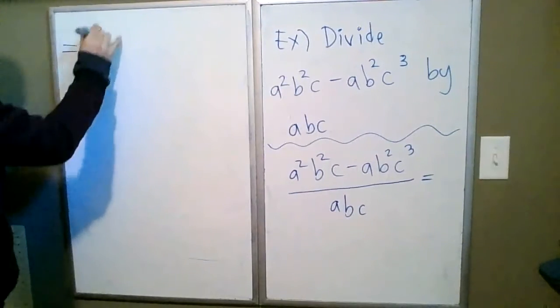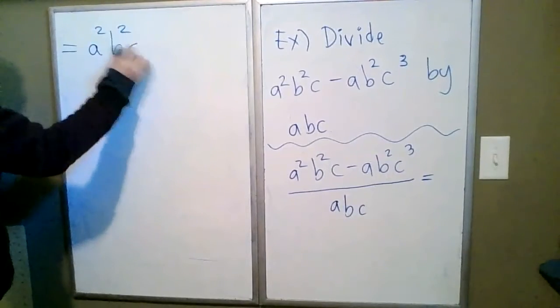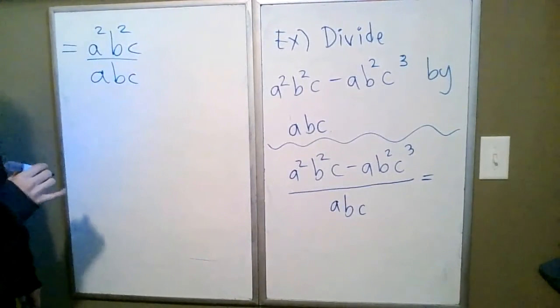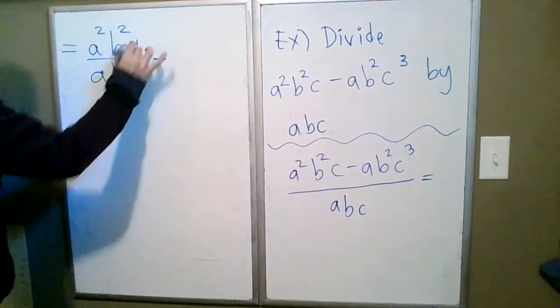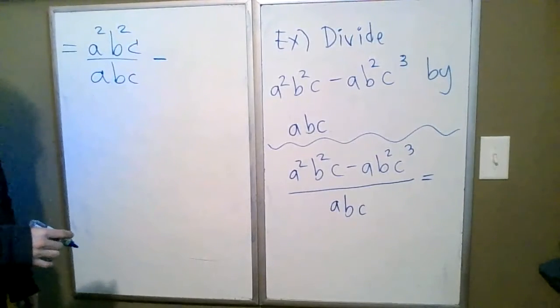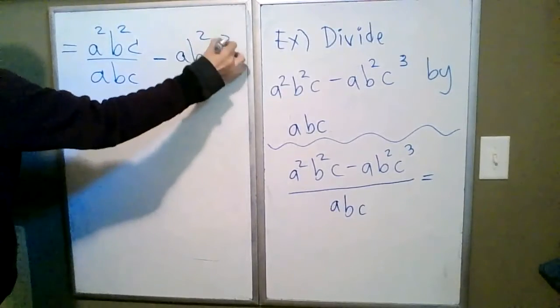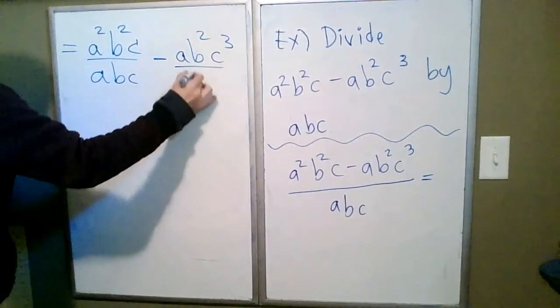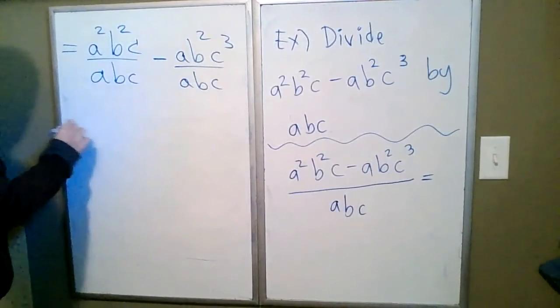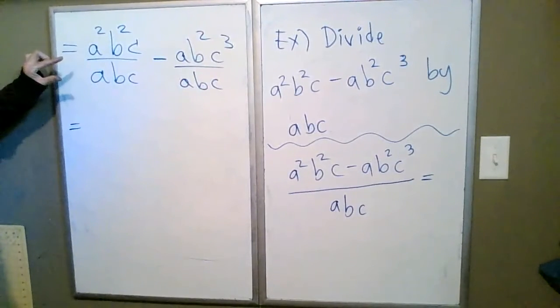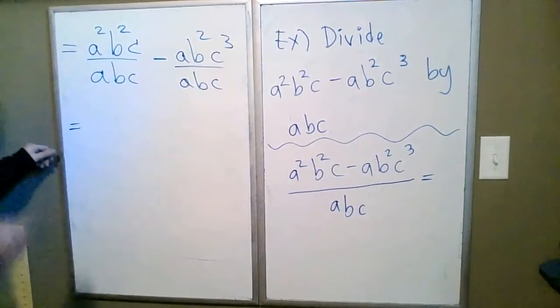First is a squared b squared c over abc. Subtract a b squared c cubed, it's also over abc. Base a has a power of 2 minus 1.